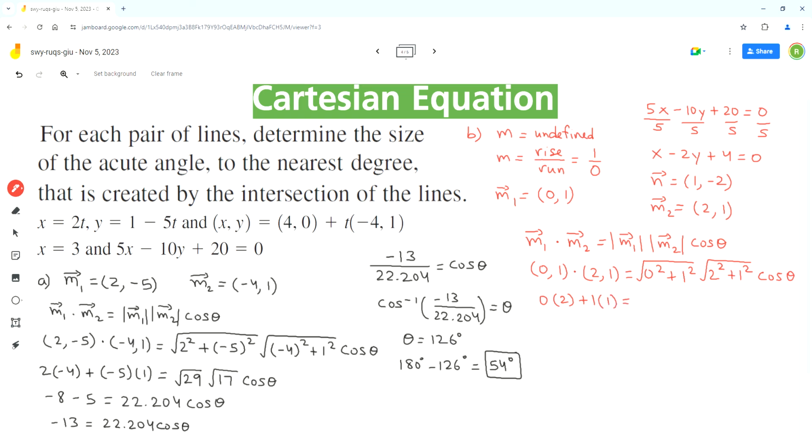Zero squared plus 1 squared is equal to 1, and square root of 1 is 1. 2 squared plus 1 squared is equal to 5. On the left side, we can simplify the expression. Now we can divide both sides by square root of 5.